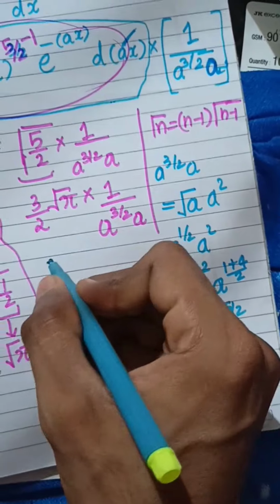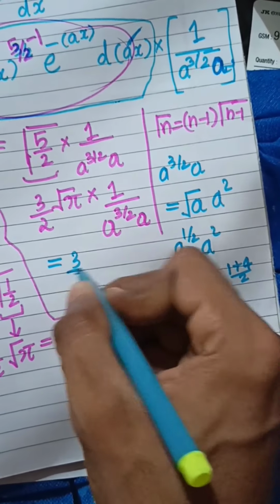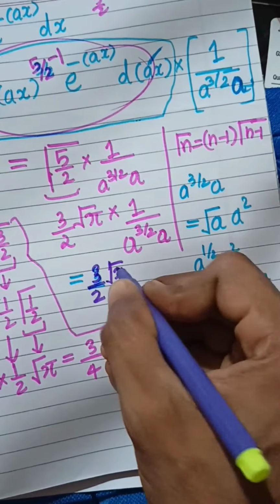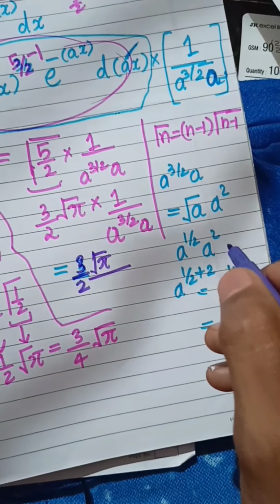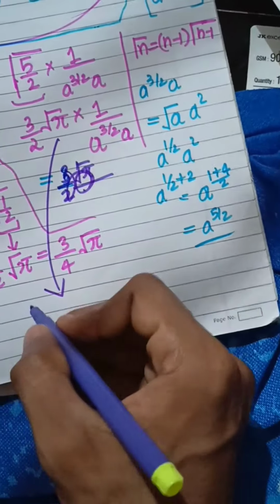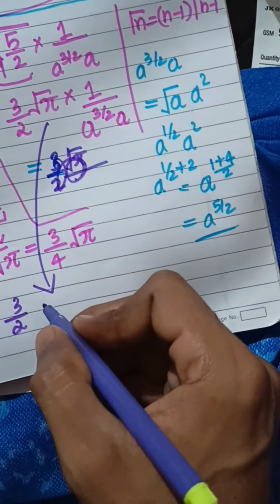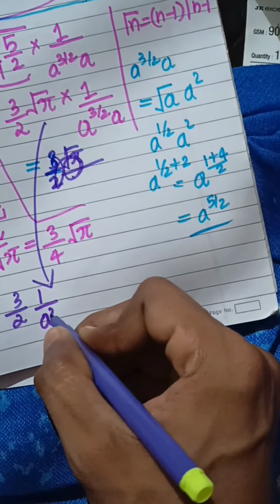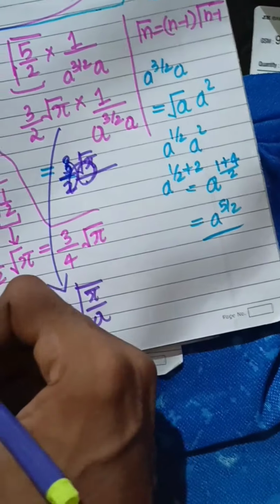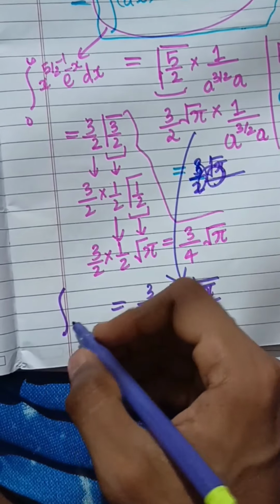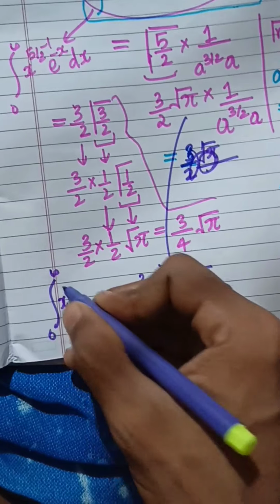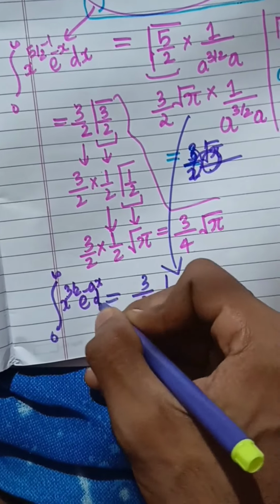So I can write this expression as 3 by 2 root pi over a to the power 5 by 2, which is equal to the integral from 0 to infinity of x to the power 3 by 2 e to the power minus ax dx.